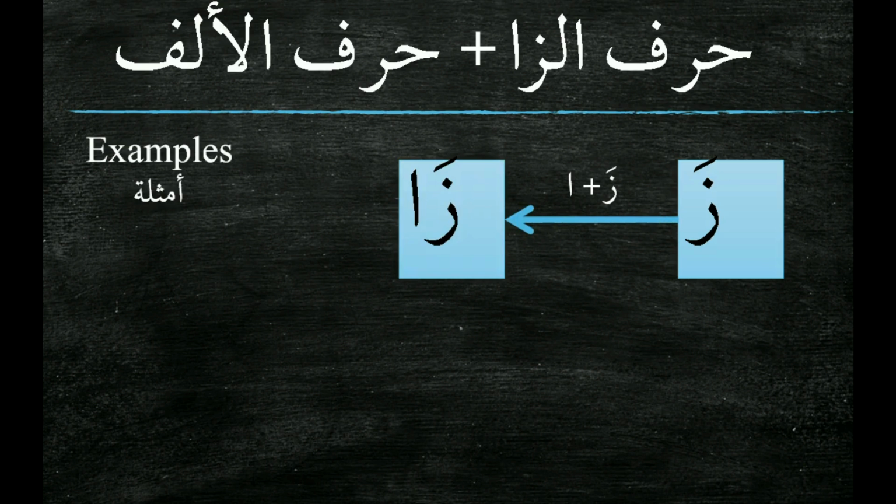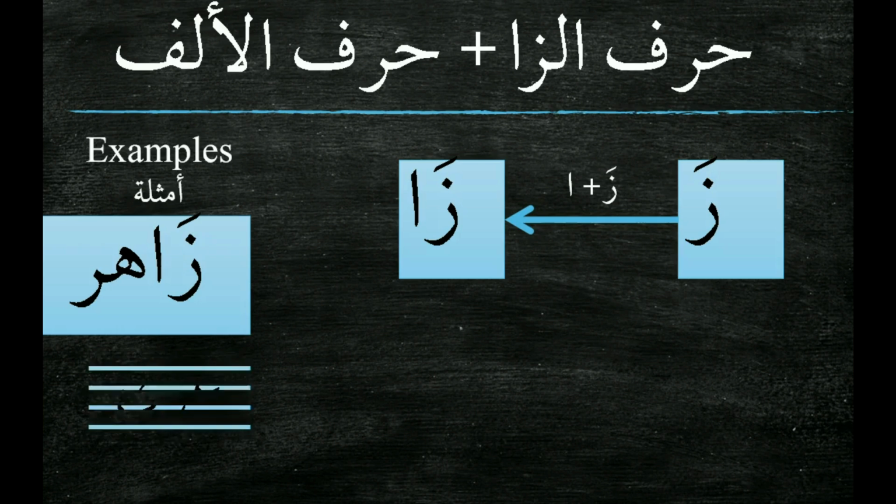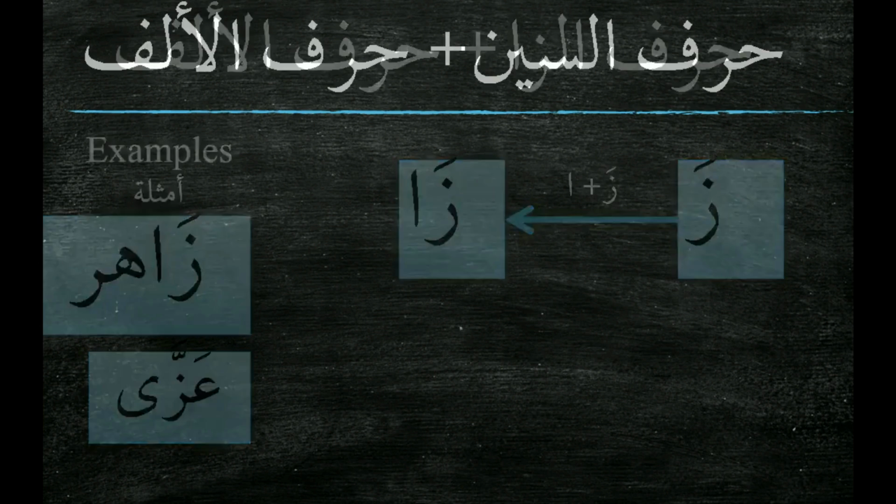And za, za, and zahir. But the za does not have tongue elevation. So you don't say za, you say za, za, just as in ha, za. Azza, azza. Okay.